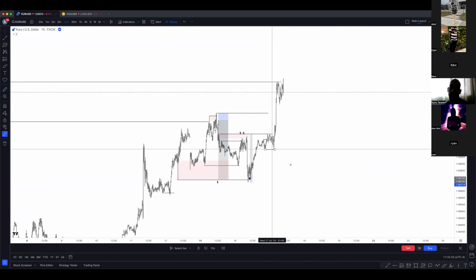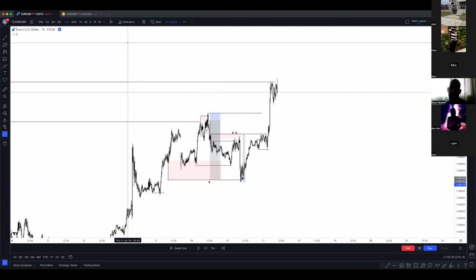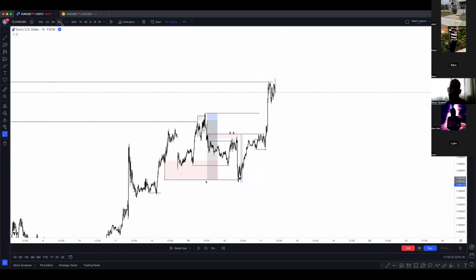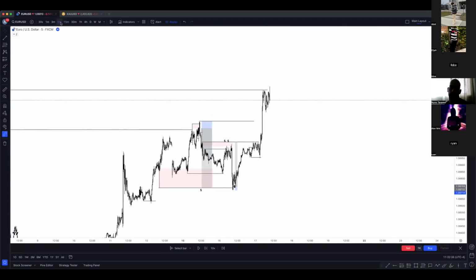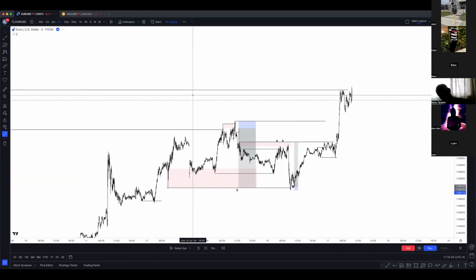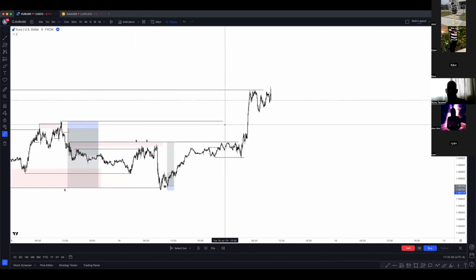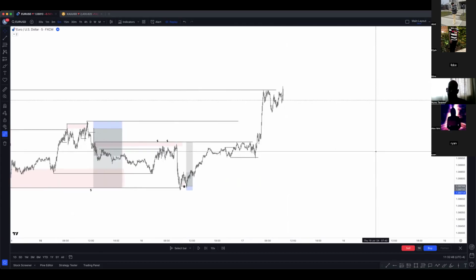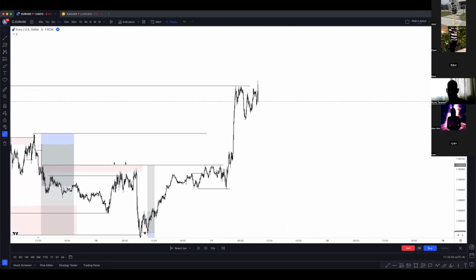So since Euro had that massive move, I didn't want to look for anything on Wednesday on Euro, only because typically after a big move, there's not much liquidity in the markets, especially taking out this high to the left. It's at the extremes. You kind of want to wait for more price action to form.